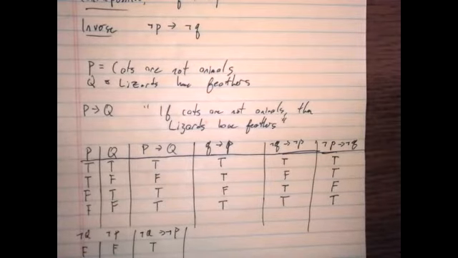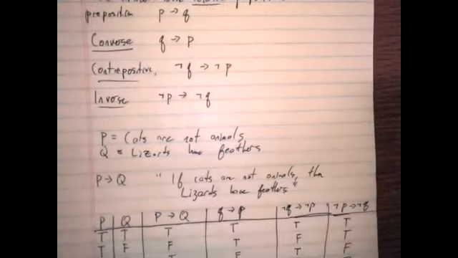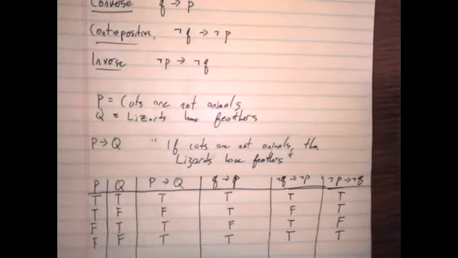Did y'all finish your truth tables? Great, y'all are very fast. I'm very happy. So what do we note about the relationship between these different propositions?